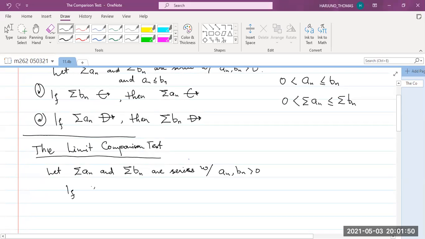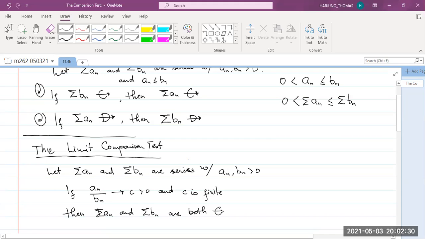If A sub n over B sub n, the term by term ratio, converges to c, which is positive and finite, then both the series A sub n and the series for B sub n are both convergent or both divergent.